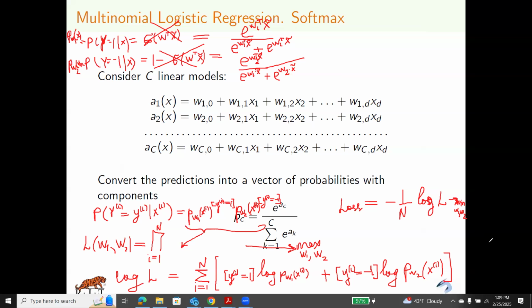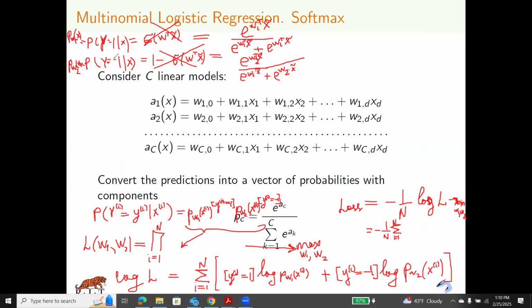So an easier way to write this function, an easier representation, is the sum over all points. So you don't need to do this.